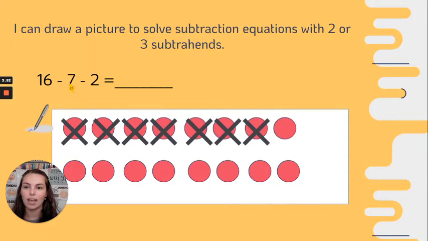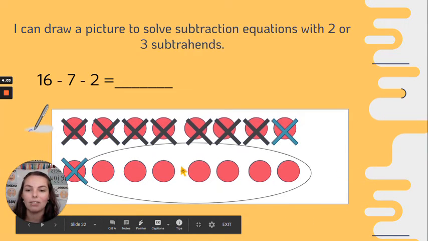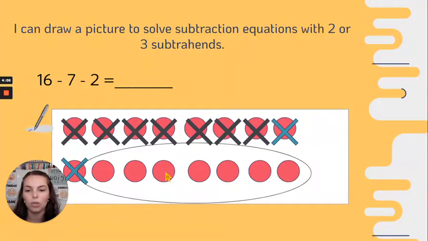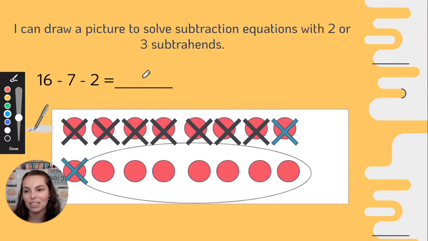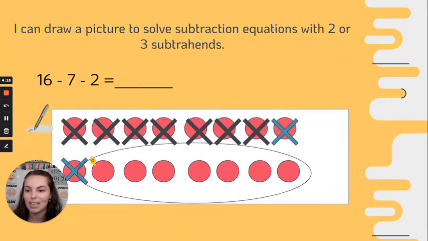We're going to take away 7, X out 7, and we also need to take away 2. So let's circle how many we have left. 1, 2, 3, 4, 5, 6, 7. Isn't this fun? I love doing math when we get to subtract and add and try different things.